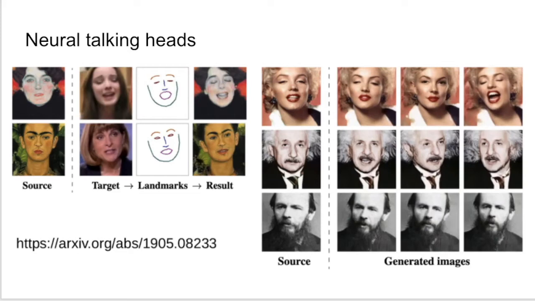Similarly, right below it, there's a painting of Frida Kahlo, and then there's a person talking, and we're able to animate the painting of Frida Kahlo. People have done this for all kinds of different things. There's animations of Marilyn Monroe, there's animations of Albert Einstein, and also this gentleman along the bottom, who I'm not sure who he is. I thought he was Rasputin, but he's not Rasputin.